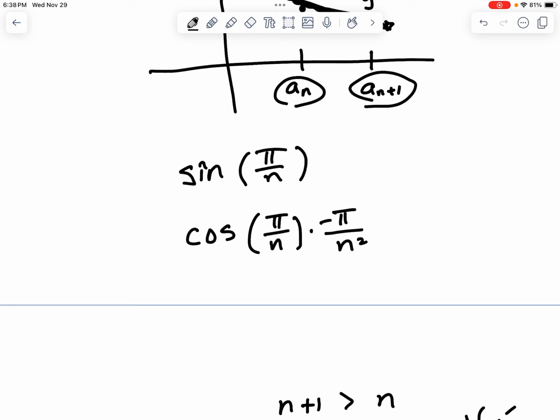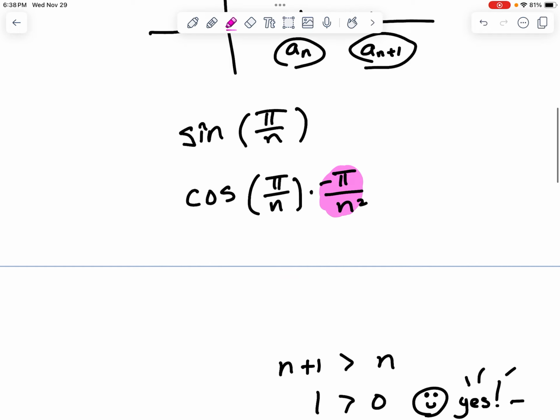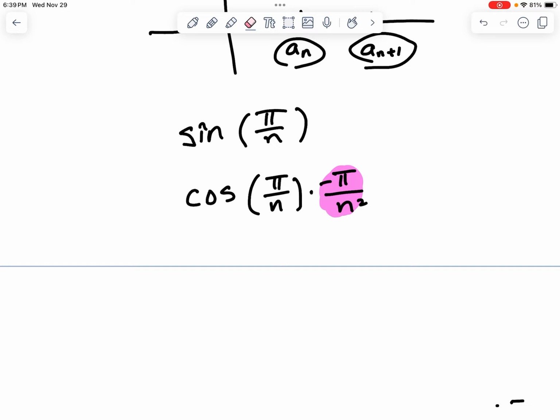So, is that negative? Well, this part is definitely negative, because on top you have a negative, on the bottom you have a square, and a square is always positive. So that purple blob is a negative divided by a positive. That's definitely negative. And then what's happening with this cosine thing? Well, again, you could take the limit as n goes to infinity, and this part is becoming cosine of 0.